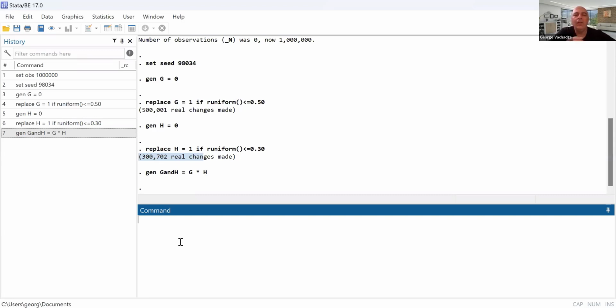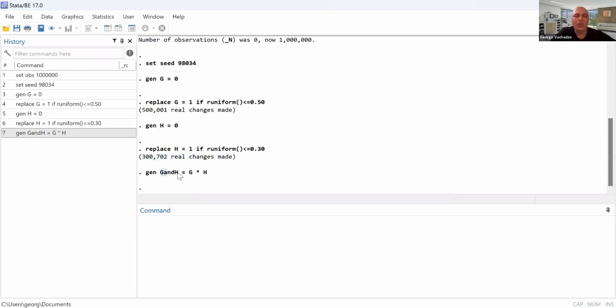So the random variable g and h would be 1 if and only if both g and h are 1s. Otherwise I get 0.